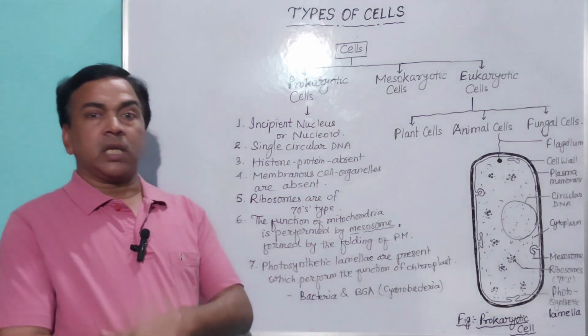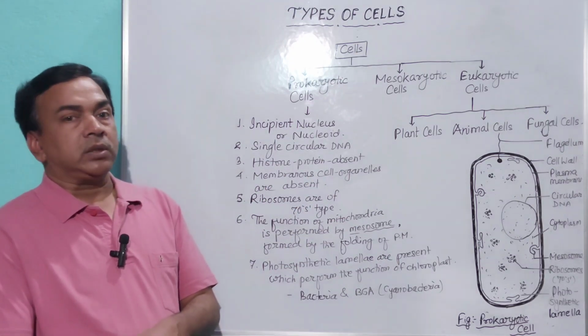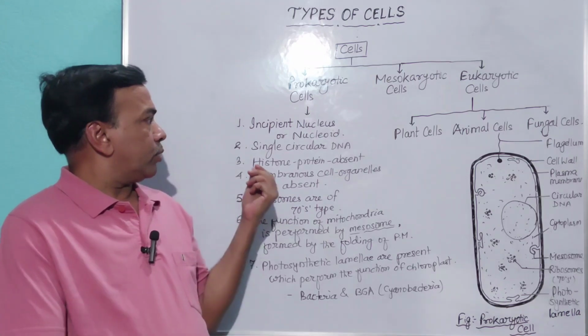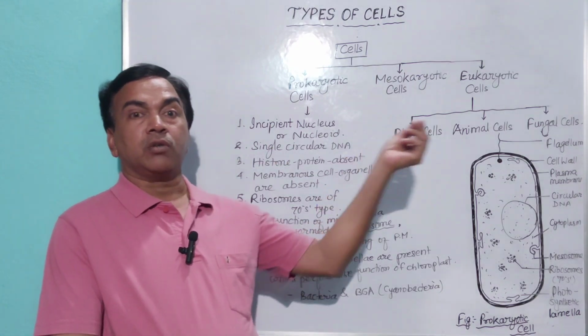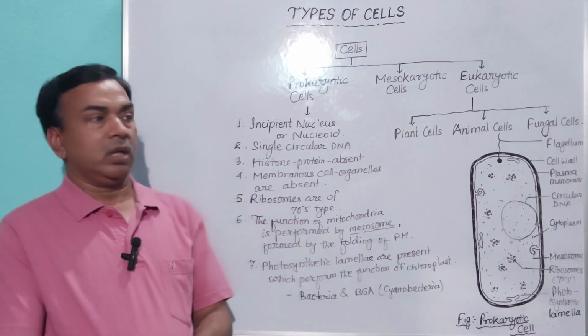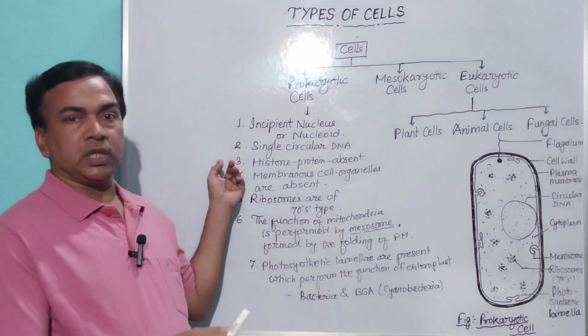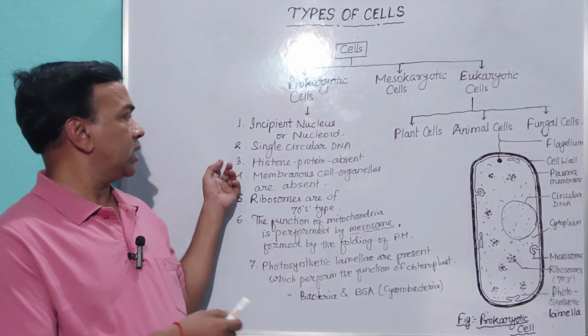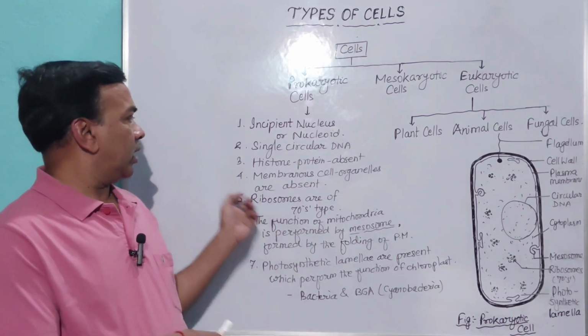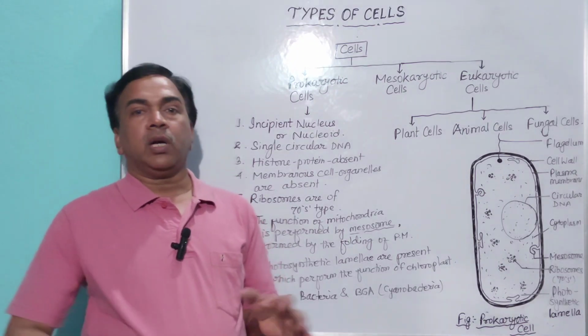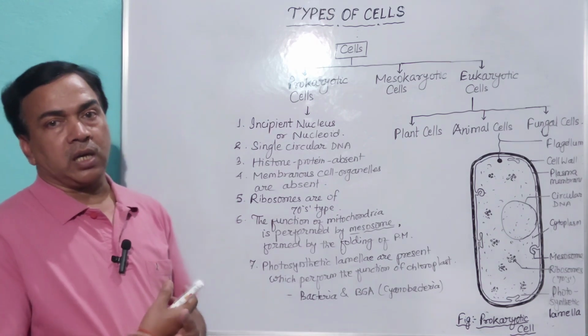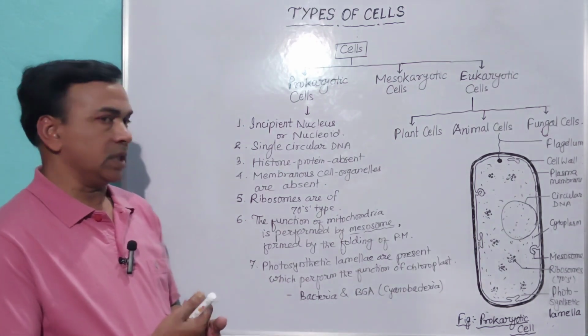In eukaryotic cells, as we will describe, histone protein combines with DNA to form chromatin fiber, but in prokaryotic cells this histone protein is lacking. Histone protein is absent.